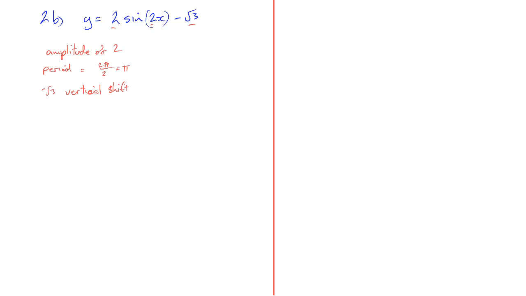Now I actually just watched the videos on the Cambridge online text, and I actually found that quite useful. Whereas I had shown you to do lots of things and to draw one and then to move it and then to move it, what they have looked at is to say, okay, well, let's take your basic, and we're told in this one to do from 0 to 2 pi.